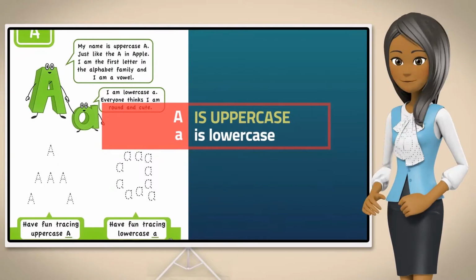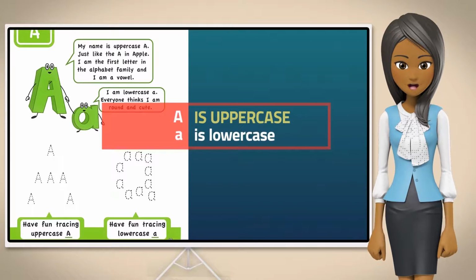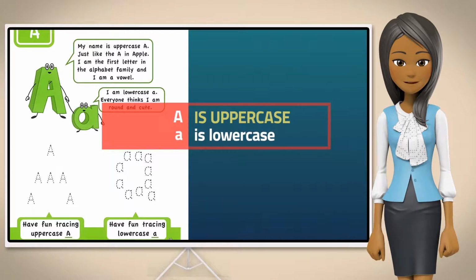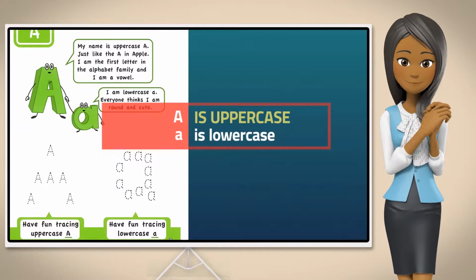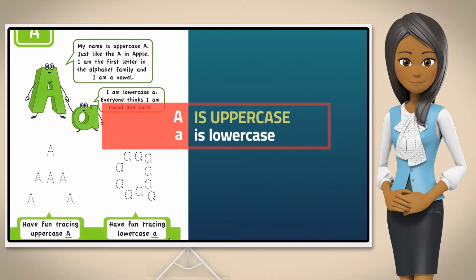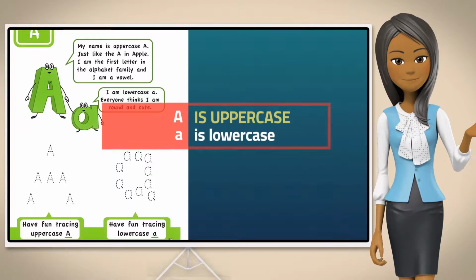Turn to page 19 of the book. Note how the letters are presented as lively characters. Children are able to see A in both uppercase and lowercase formats, and hear the dialogue as uppercase and lowercase A share their distinguishing characteristics. Uppercase A identifies itself as uppercase, while lowercase a identifies itself as lowercase.